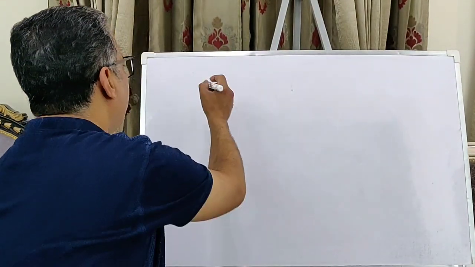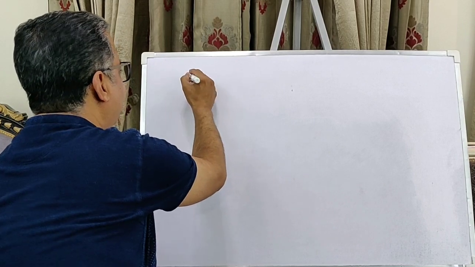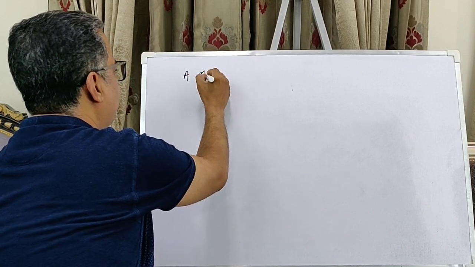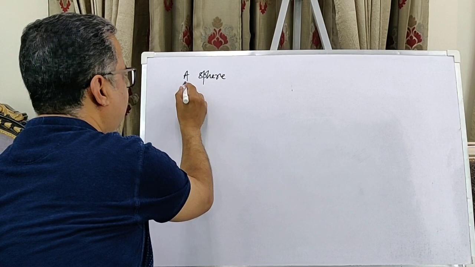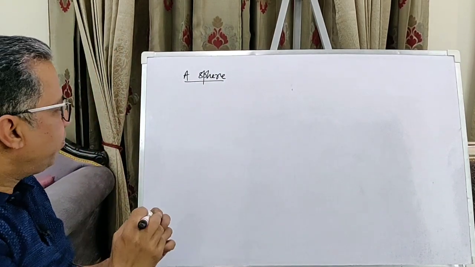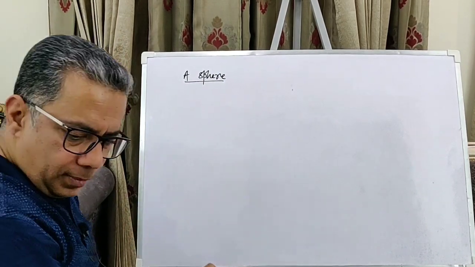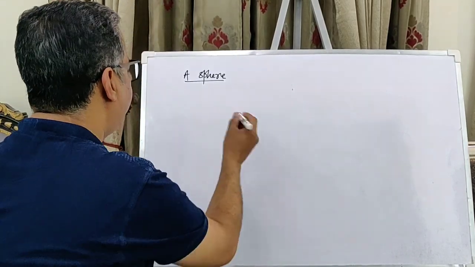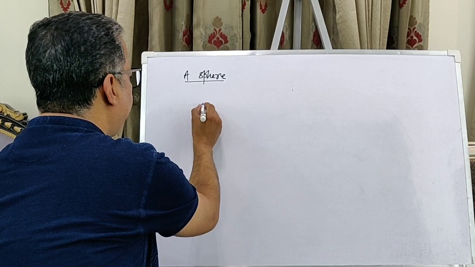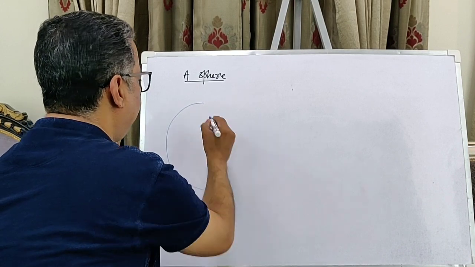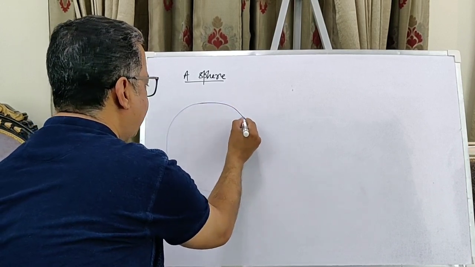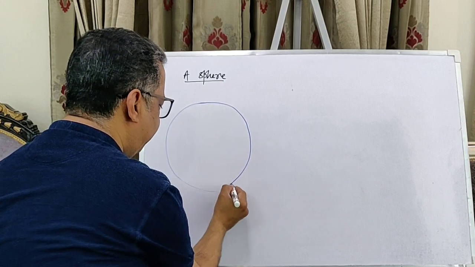Now we start with a fairly simple case of a spherical surface. Let's have a sphere to start with. This is the sphere that we are thinking of.